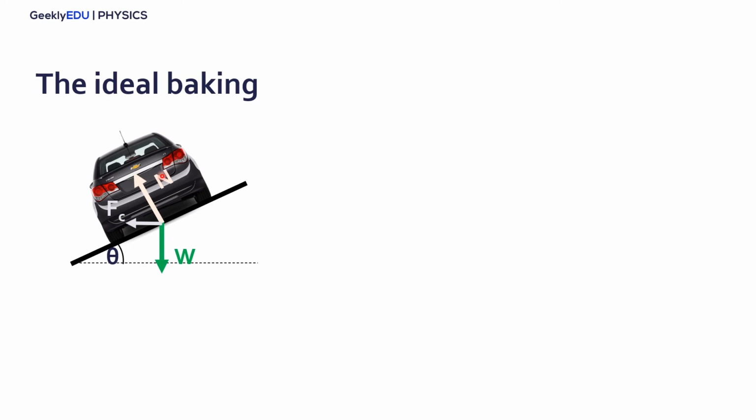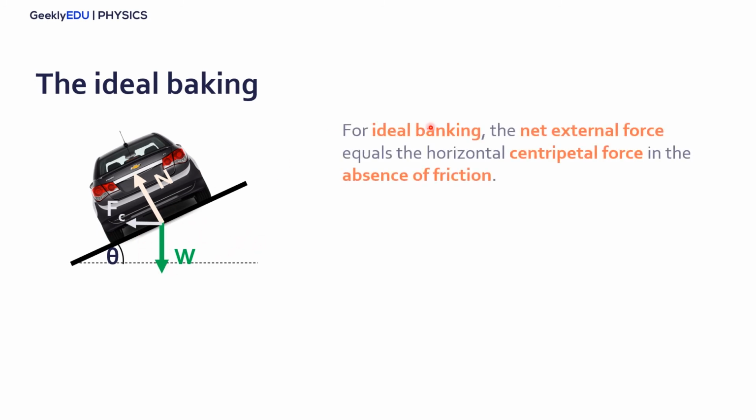So just the normal component here is enough to perform the circular motion. So what would be this ideal banking? For the ideal banking, the net external force equals the horizontal centripetal force in the absence of friction, all right? So this component here, the normal component, should be the same as the centripetal force, all right?